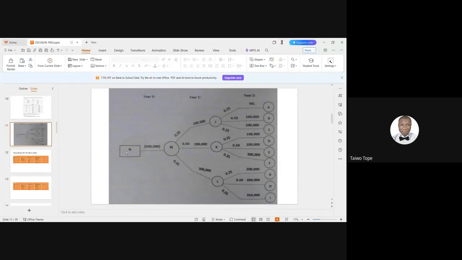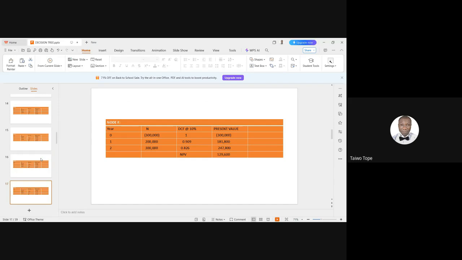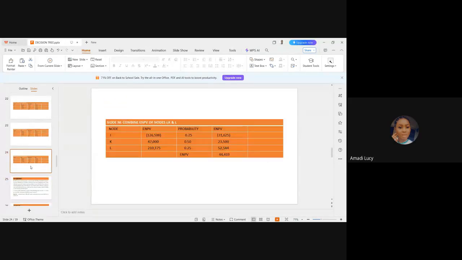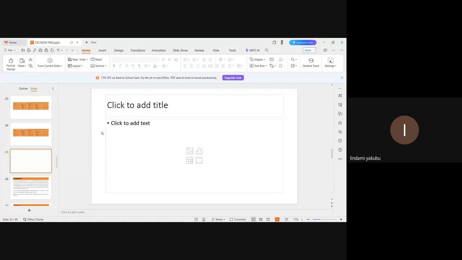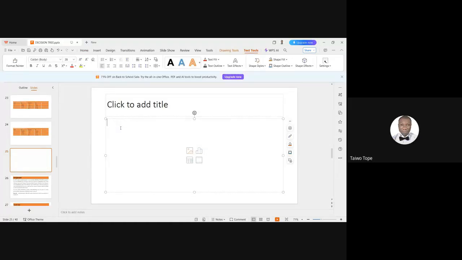If node N is equal to node M, what will be the expected NPV? 44,419 minus node N, 300,000.